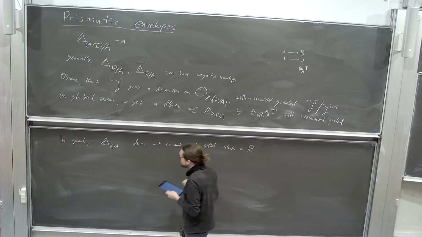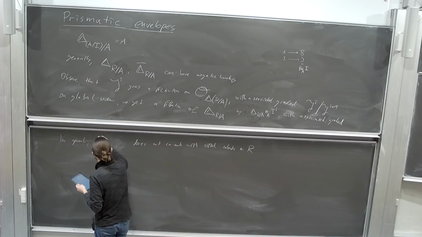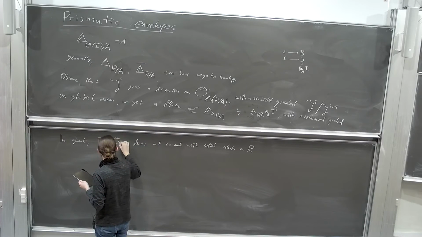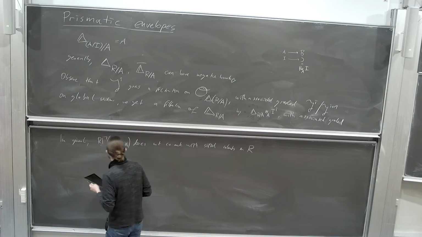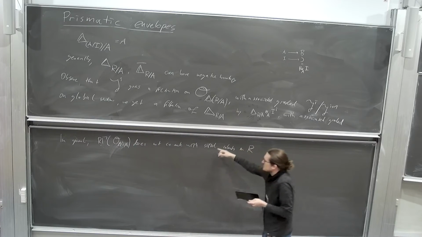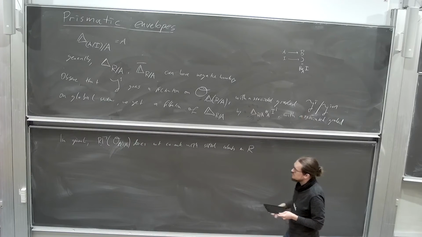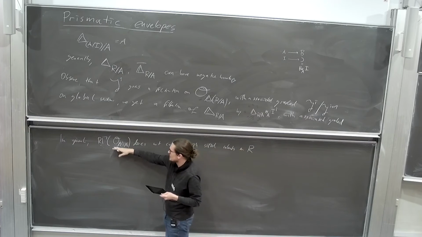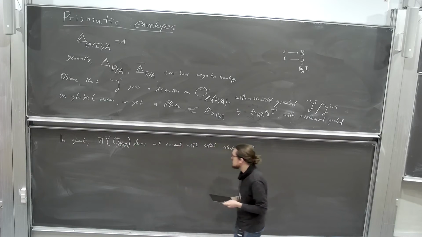in R. And here maybe let me really write RΓ of this O of Prism_R relative A. Because somehow sifted colimits can also produce stuff in positive degrees, and this thing was obtained as a limit of discrete things. It only lives in negative degrees.